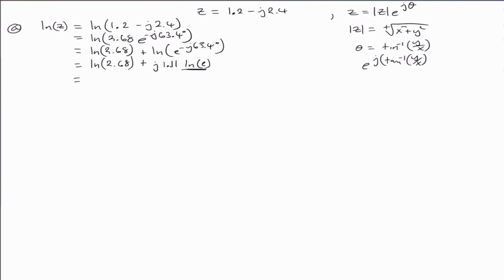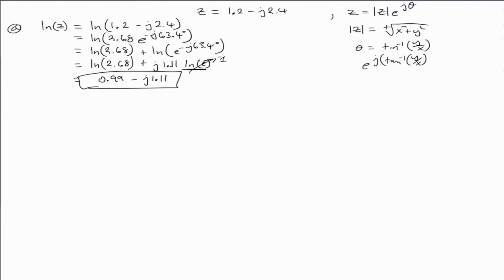So that then simplifies to 0.99 minus, that's negative 1, a negative j 1.11. So the natural log of z is equal to this right there.